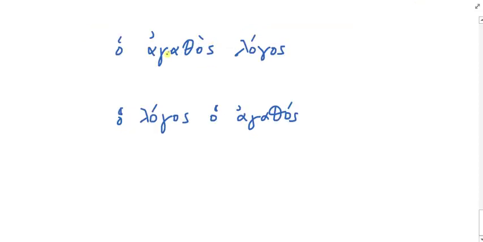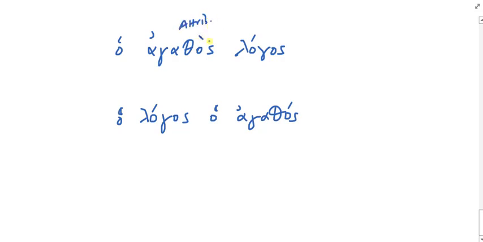Okay, so I have ho agathos logos. Ho is the what? Article. Agathos is adjective. Logos is noun. Okay. Is the adjective articular? It is. Then it's going to be a substantival or an attributive adjective. Is there a noun that this adjective accompanies and agrees with in case, gender, and number? Yes. Then which use of the adjective is this? It's attributive. Very good.